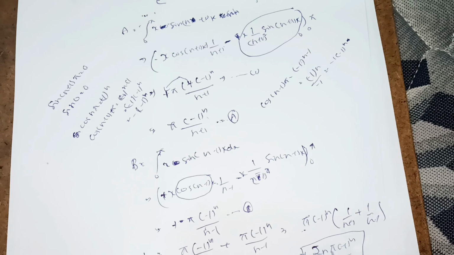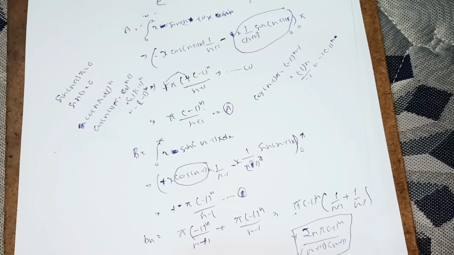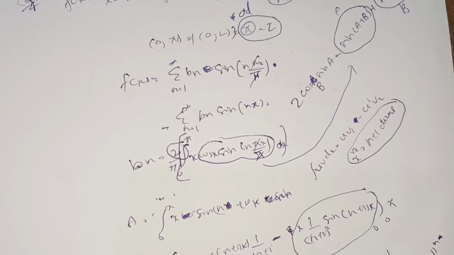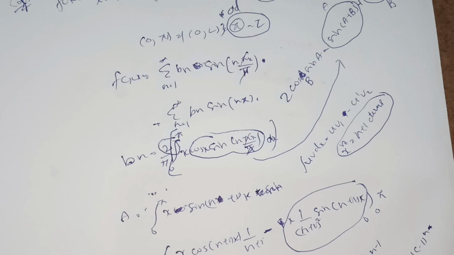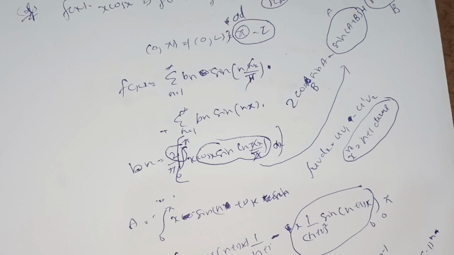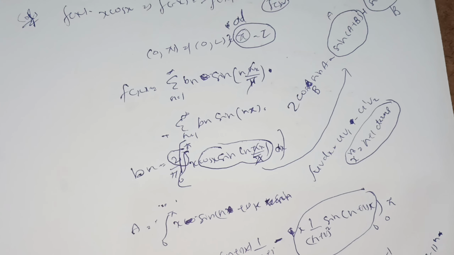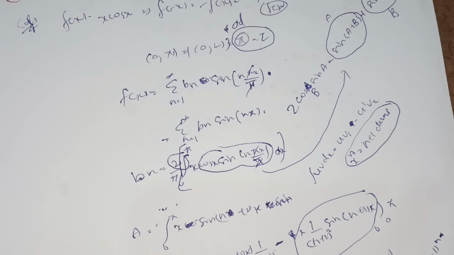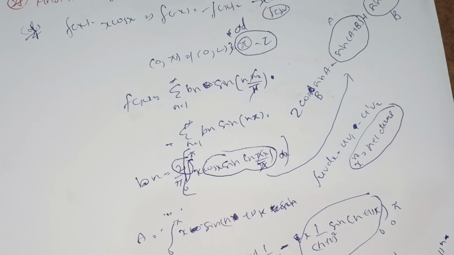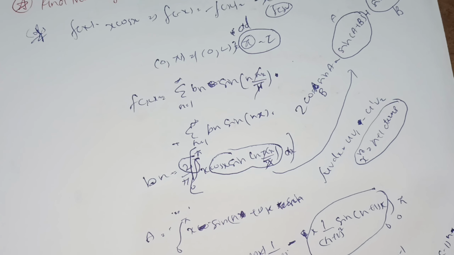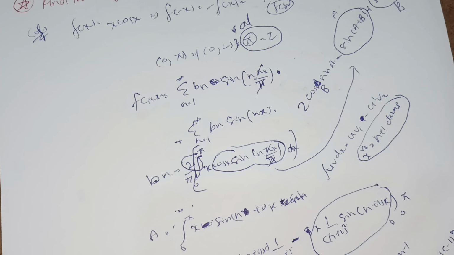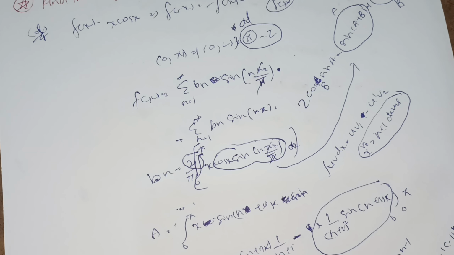Next we should find out f of x value. In the next page we can find it out. So here is a small mistake. Bn equal to 1 by pi integral 0 to pi x cos x sin nx dx. This can be written as 0 to pi x sine of n plus 1 into x plus sine of n minus 1 into x.